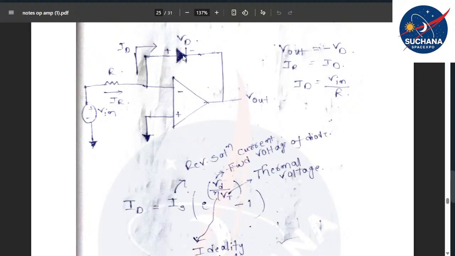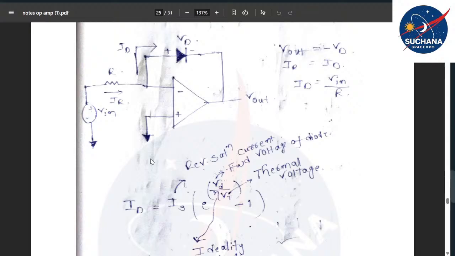Just by differentiating the equation Q = CV, we ended up with an equation which states that the output voltage is a function of the integration of the input voltage, maybe with some scaling factor. If you take R into CF as 1, then it becomes exactly equal to integration.